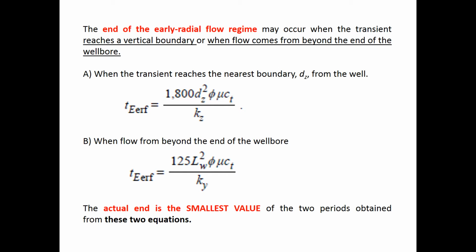The end of the early radial flow region may occur either when the transient reaches the nearest boundary dz from the well, or when flow begins from beyond the end of the wellbore. Comparing the values obtained from these two equations, the smallest value will be the actual end of the early radial flow.